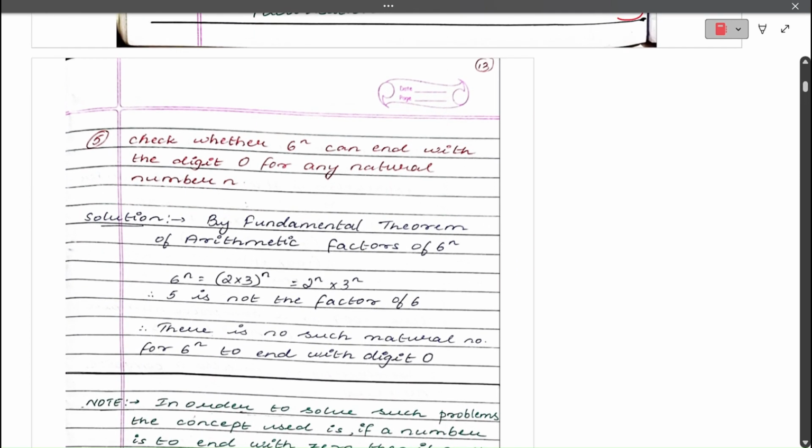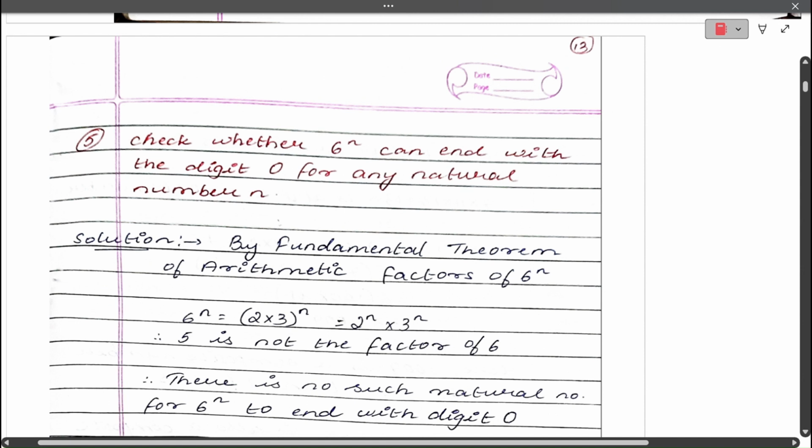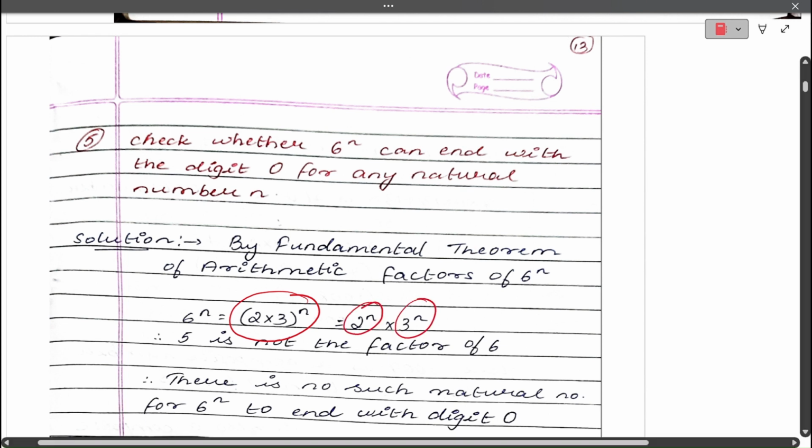Next question. Check whether 6 to the power of L can end with the digit 0 for any natural number L. So here we will be using the fundamental theorem of arithmetic. So 6 to the power of L can be written as 2 into 3 the whole power L, which can be further written as 2 to the power of L into 3 to the power of L. Yes?